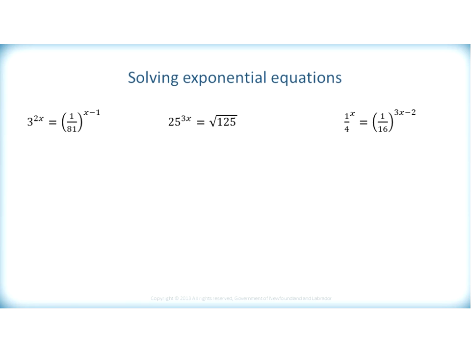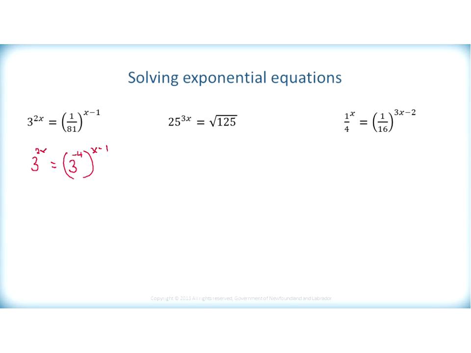These are getting a little bit more complicated here. We have bases of 3 and 1 over 81. Now I know 81 can be written as a base of 3, so 1 over 81 must be able to be written as a base of 3 with a negative exponent. And so I have 3 to the 2x will equal 3 to the negative 4, all to the x subtract 1.